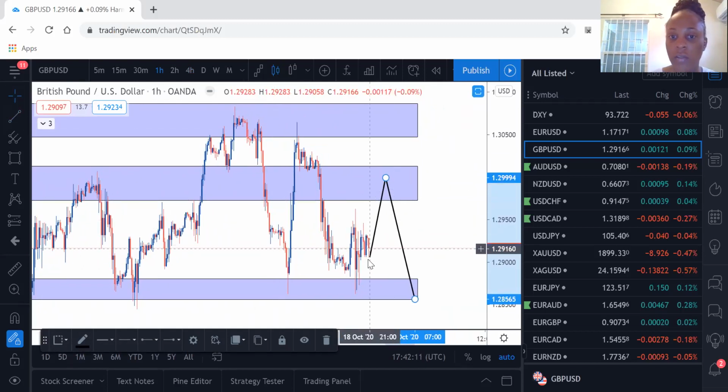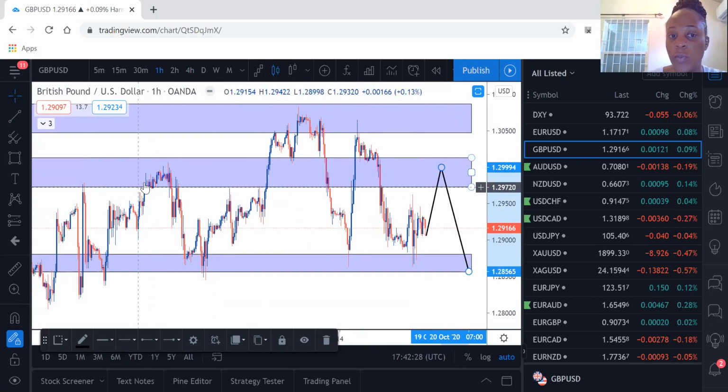So, advanced trader, this is not confirmed until the trade comes back up to your point of interest. Point of interest for me is within this zone here, the resistance of my left shoulder, right?